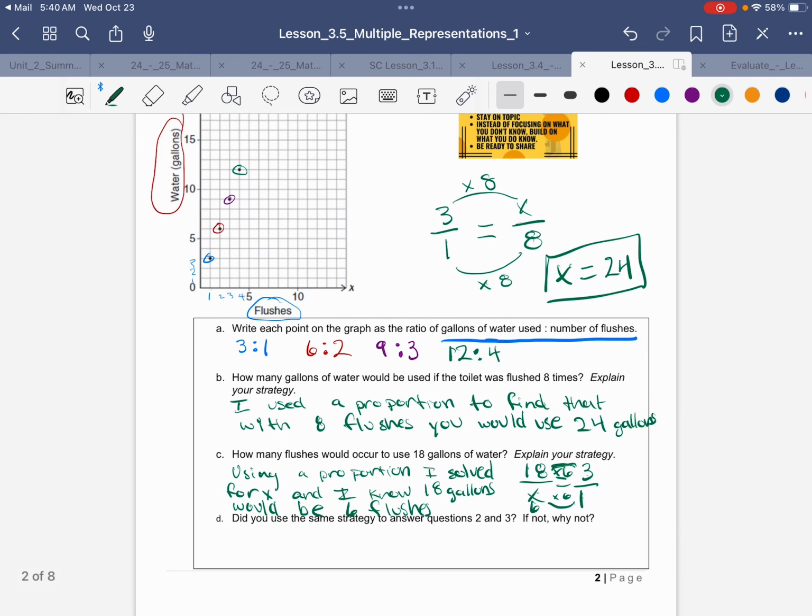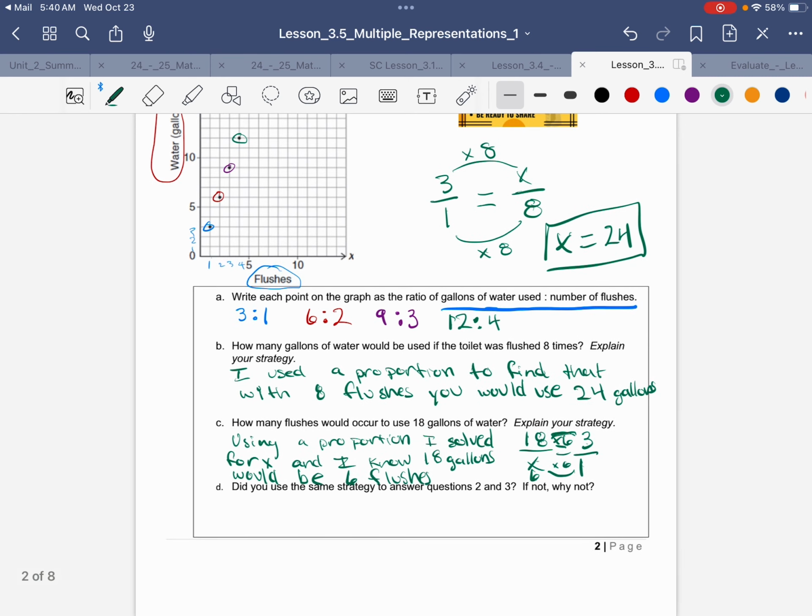Did you use the same strategy for 2 and 3? If not, why? Yes, I used the same strategy.